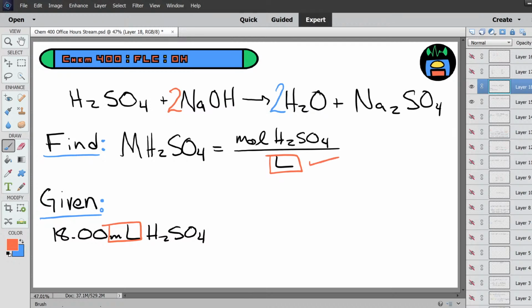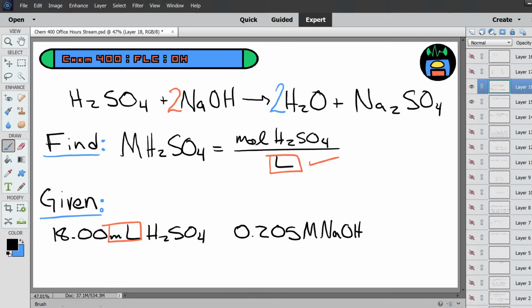So we have basically what goes in our denominator. We still got to convert milliliters to liters, but we're given a volume, so that's nice. And then we are given a molarity, 0.205. We're given a molarity of sodium hydroxide. All right, that's interesting.